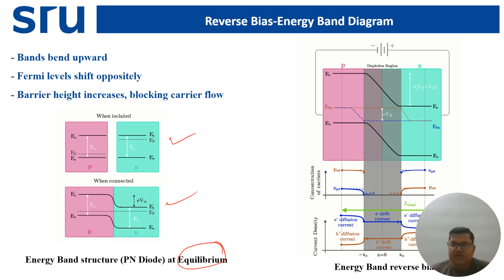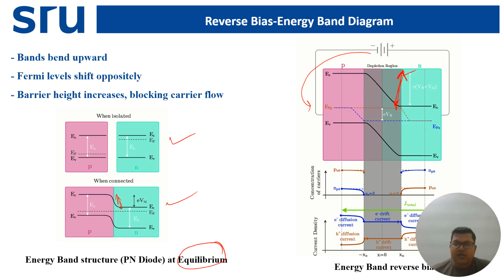Now we will see what happens due to the reverse bias. As you can see, the negative is connected to the p side. Now you see the barrier has increased so much. Earlier it was this much, now it has become this much. So this is a really big amount, which means the barrier height has increased.